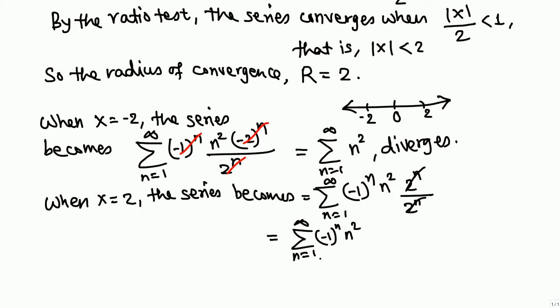This is an alternating series, but when n is very big, n^2 is very big, either plus or minus. In any case it does not go to 0, so by the test for divergence, it diverges.